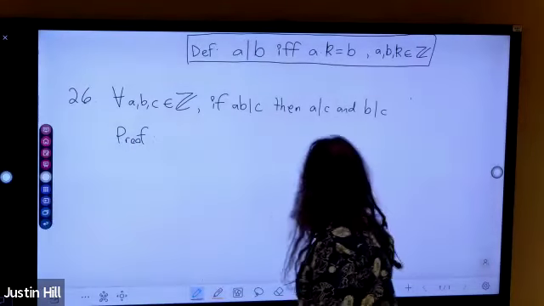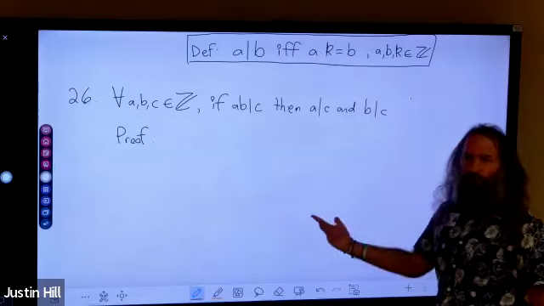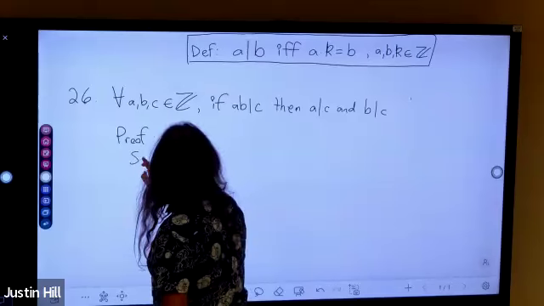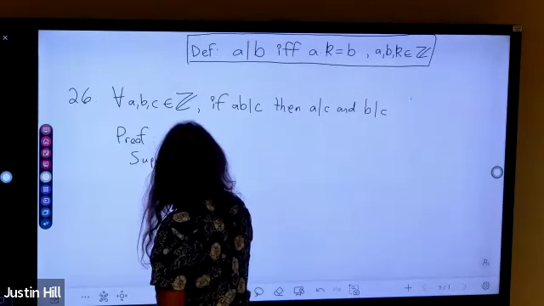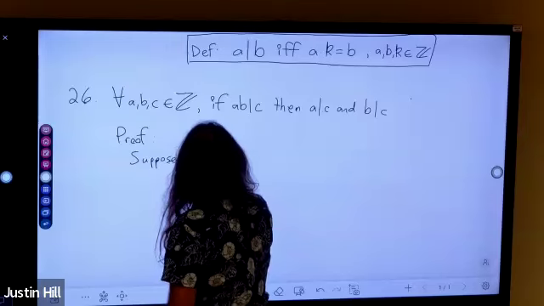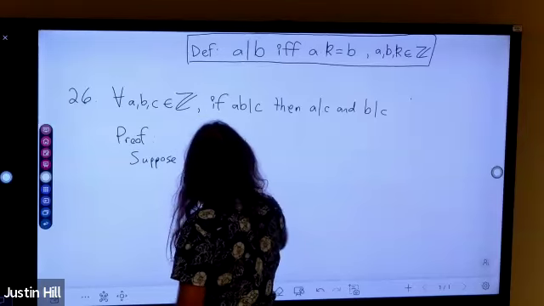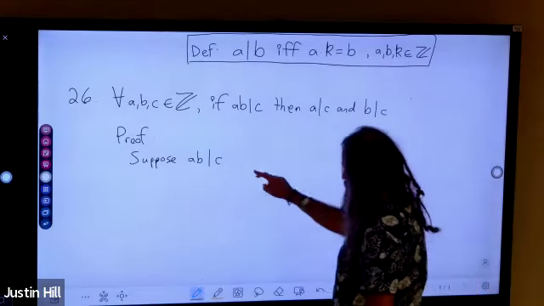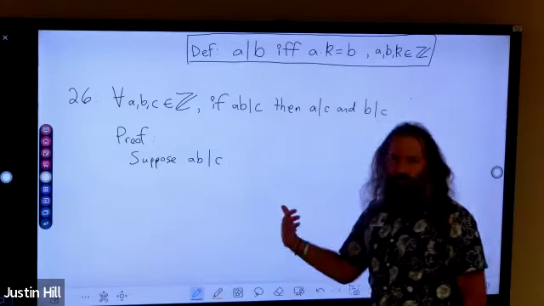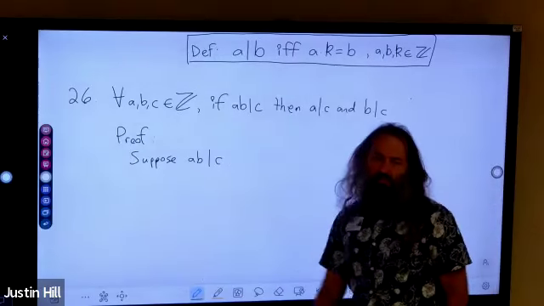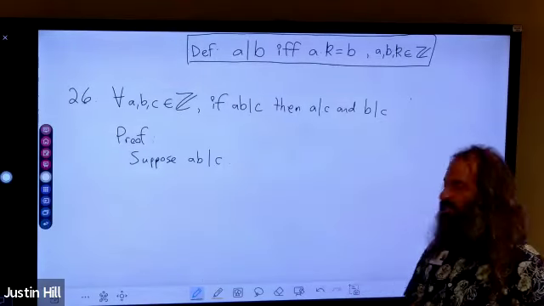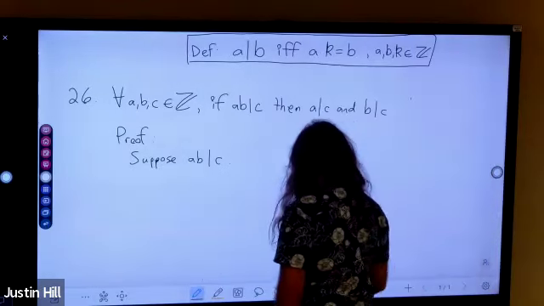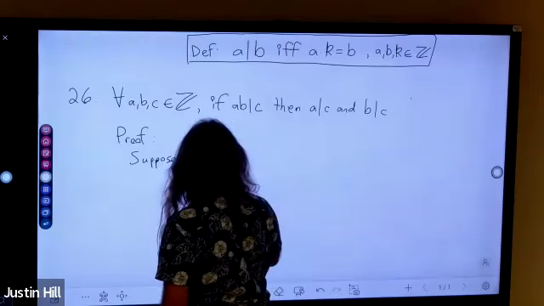All right, let's see what you guys got here. So for the suppose part, what did you say? Good, so this should be: suppose AB divides C. So just the hypothesis on that if-then. Then the fact that AB divides C, that definition, tells me something I can write. So what did y'all write there? Oh, also, you know what I missed? I'm sorry.